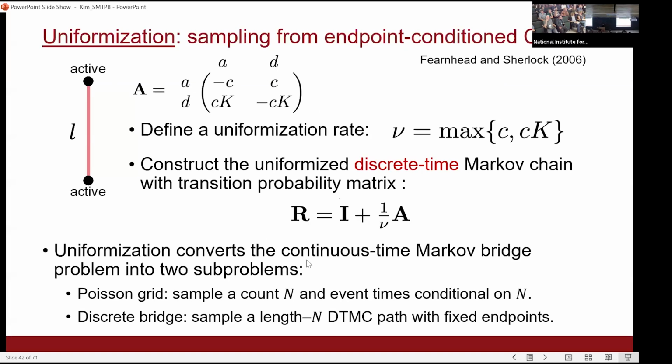The basic idea of uniformization is that you convert the continuous time Markov bridge problem into two conditionally independent sub-problems. First is a Poisson grid: sample the number of events n, and also the event times conditional on this event number. And then we need to sample the event type for each of these events, using the discrete time Markov bridge.